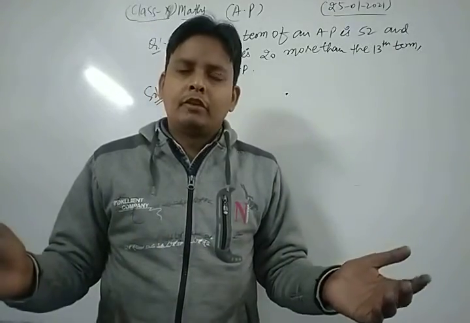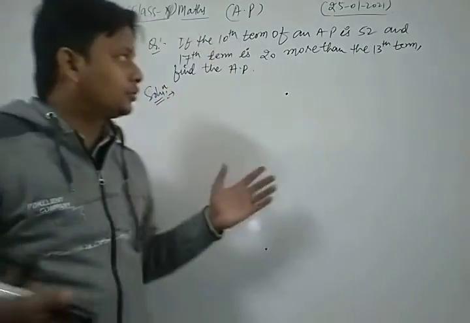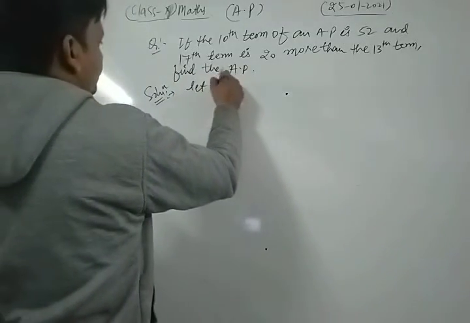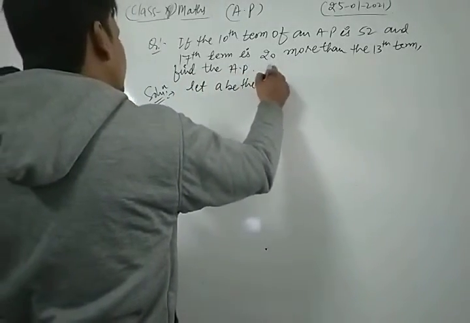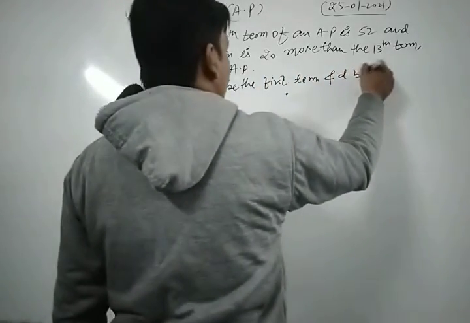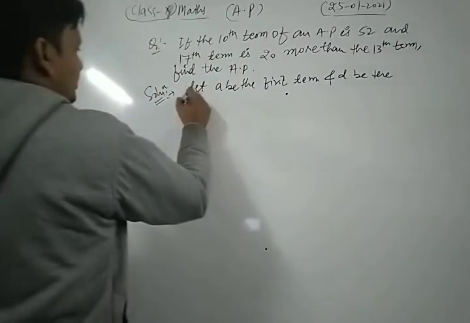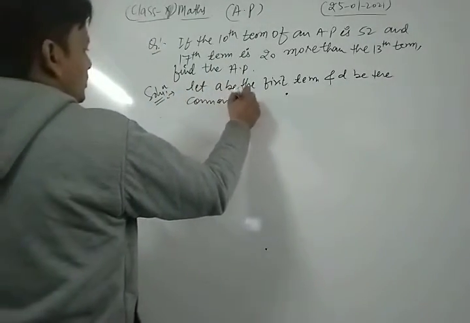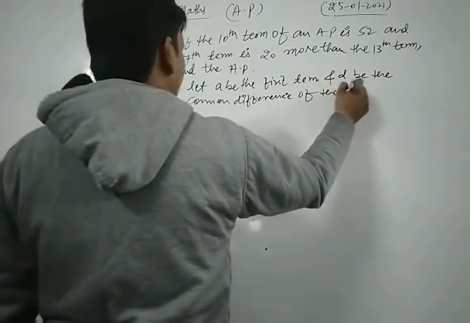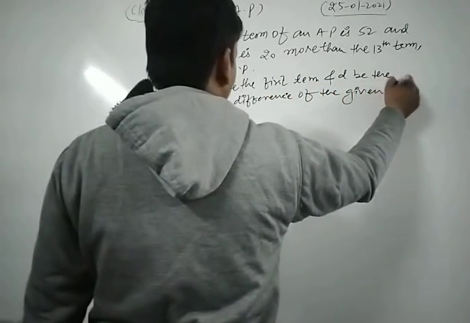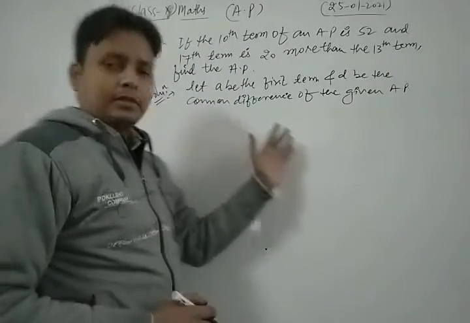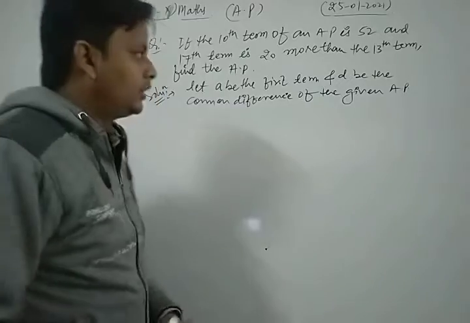After that we can solve the question very easily. First of all, let A be the first term and D be the common difference of the given AP.